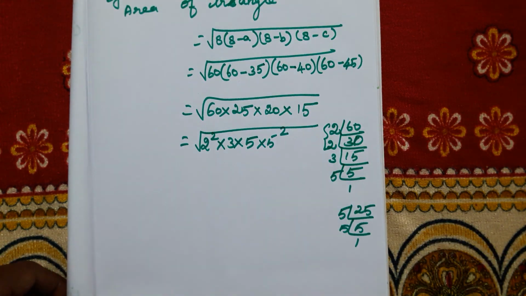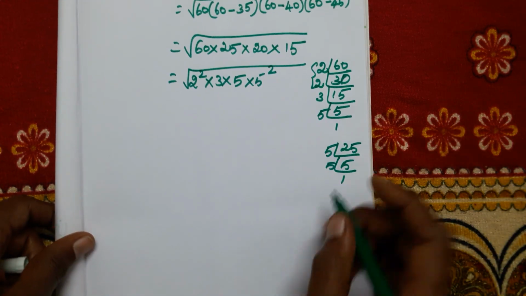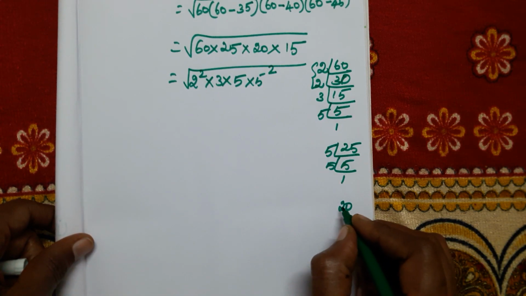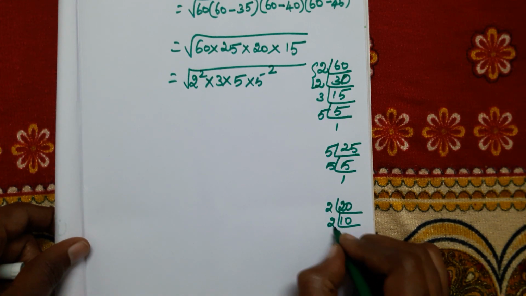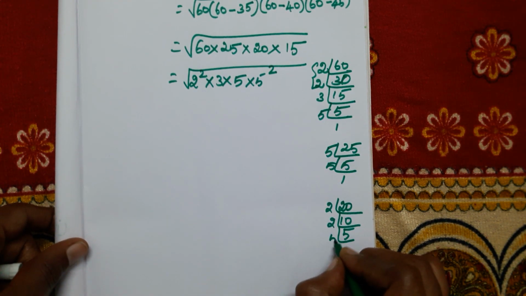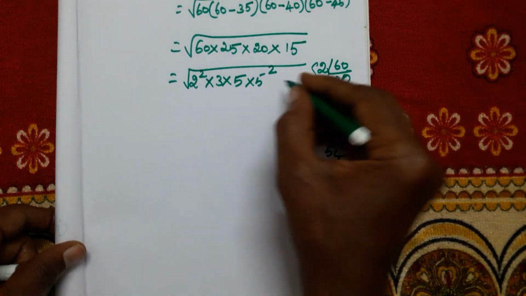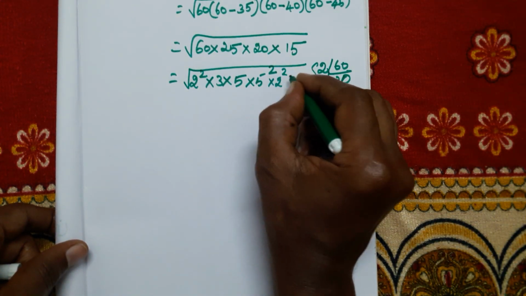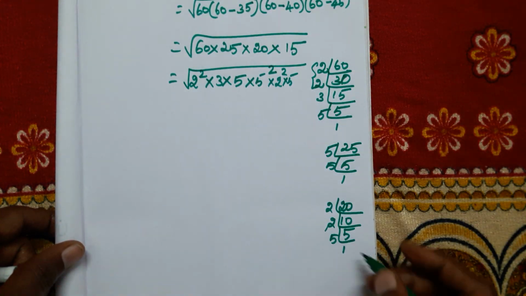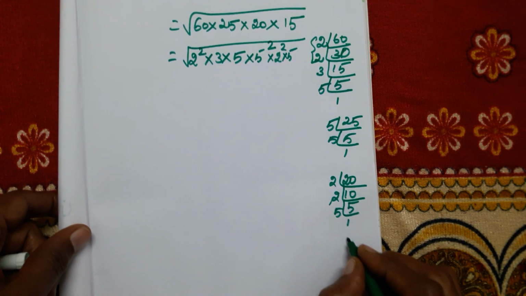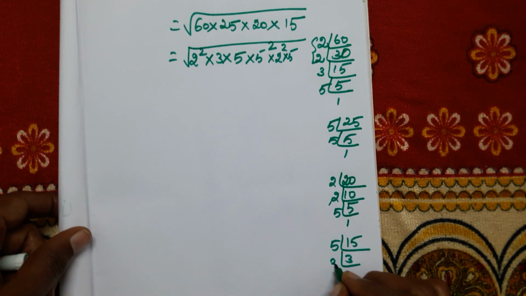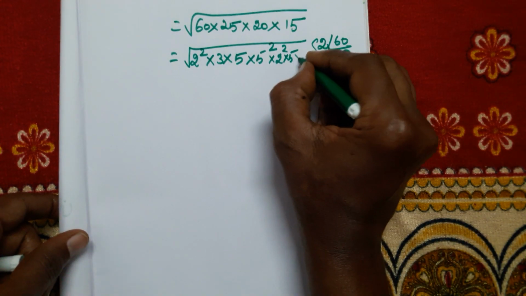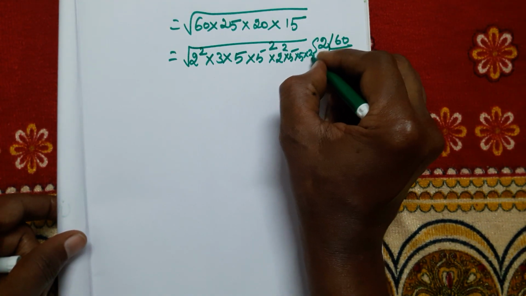Next 20 means 10, next 2, 5 2s are 10, 5, 1. So we can write 2 square into 5. Next 15, here we can write 5 into 3.